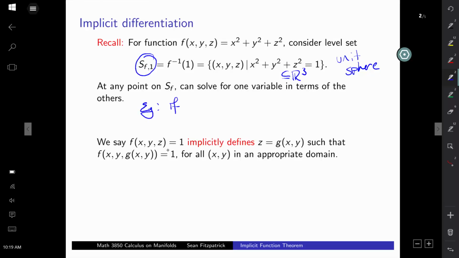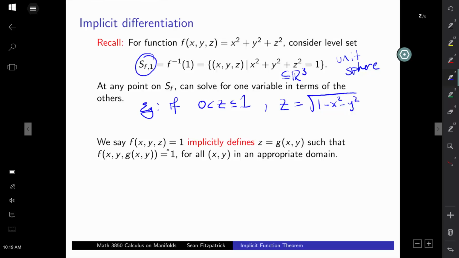We could say, for example, if z is bigger than 0, so for z strictly greater than 0, you could solve for z here. You could write z as the square root of 1 minus x squared minus y squared. So that works for x and y in some appropriate domain.